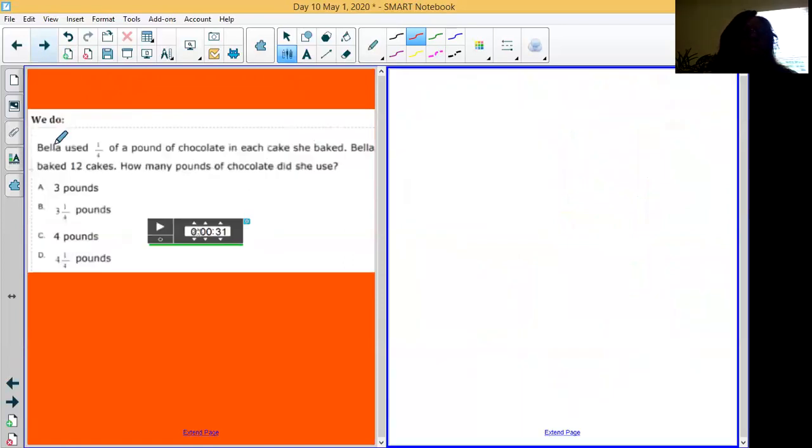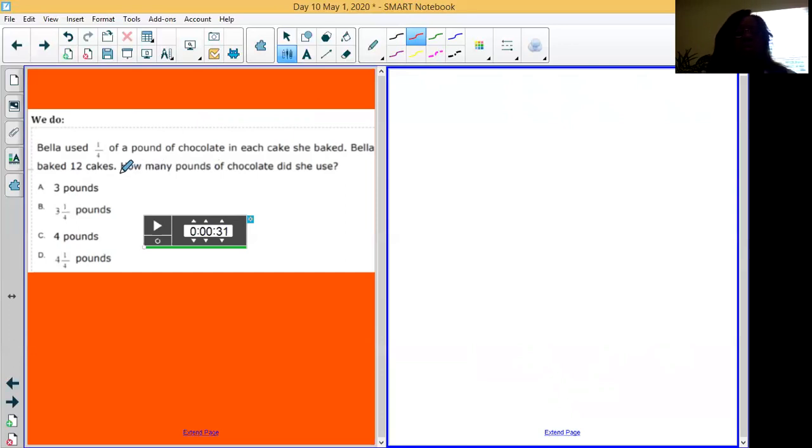And it reads, Bella used 1/4 of a pound of chocolate in each cake she baked. Bella baked 12 cakes. How many pounds of chocolate did she use? I'm going to pause for a minute and let you cue that problem. Okay.